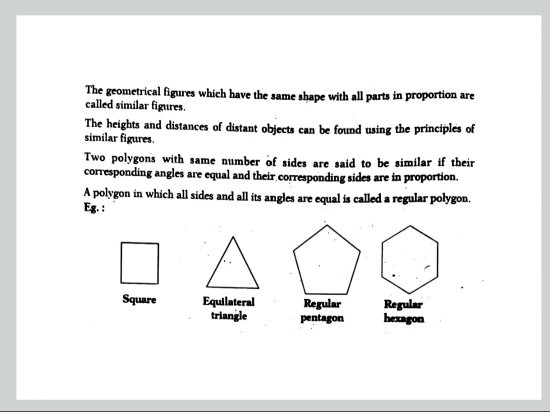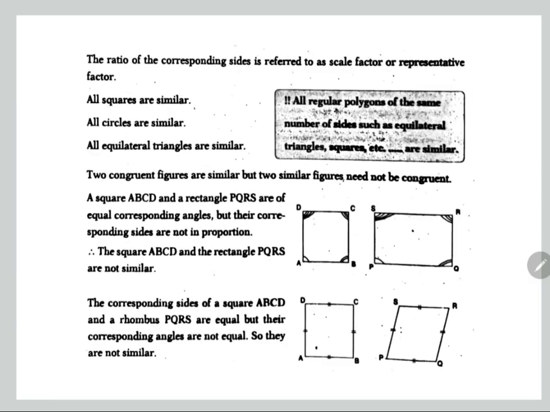A polygon in which all sides and all its angles are equal is called a regular polygon. Now, this is a square, an equilateral triangle, a regular pentagon, and a regular hexagon. The ratio of the corresponding sides is referred to as the scale factor or representative factor.